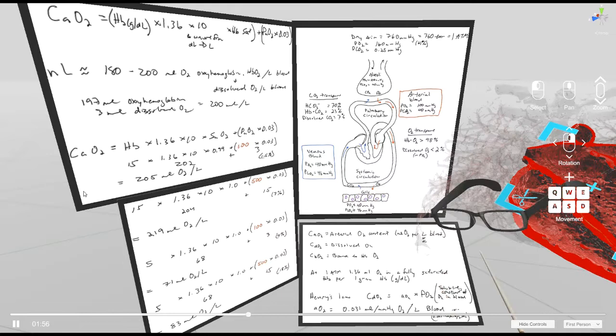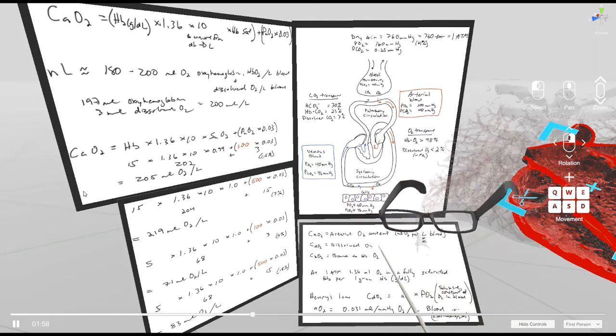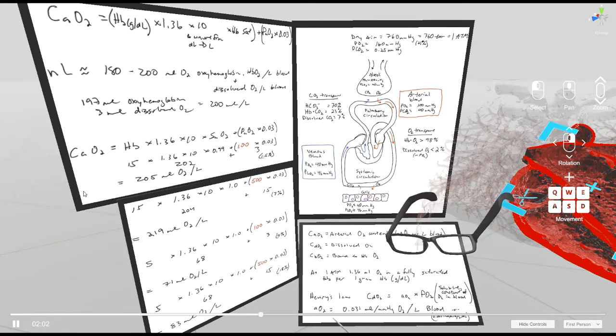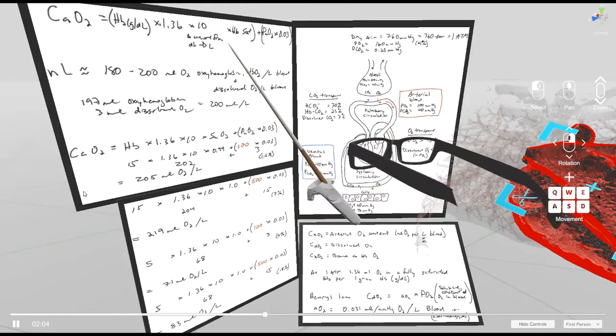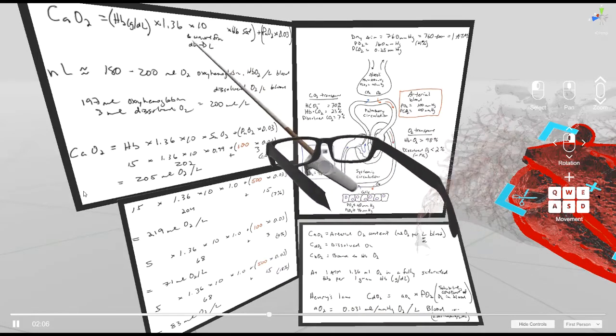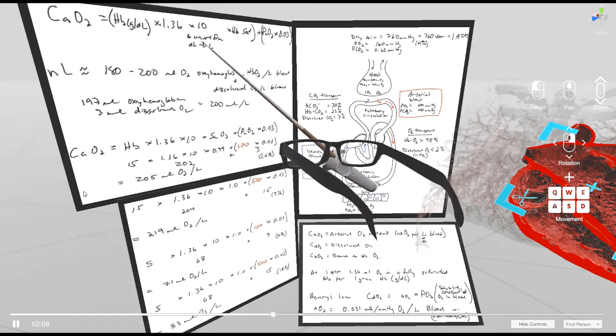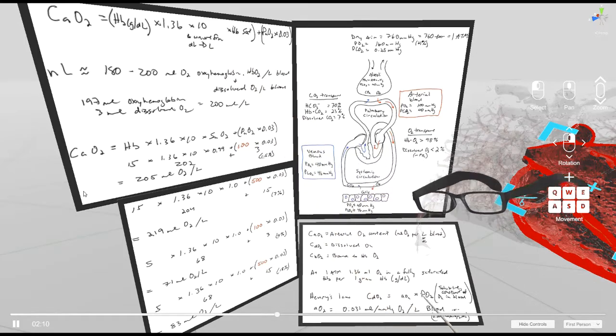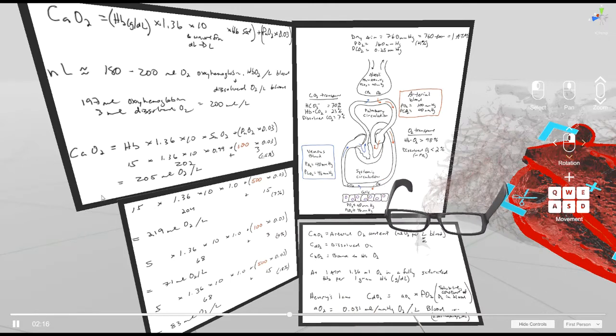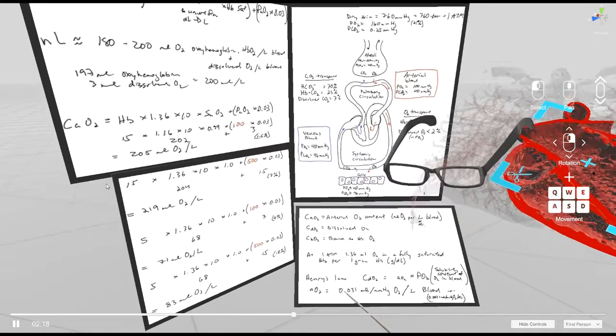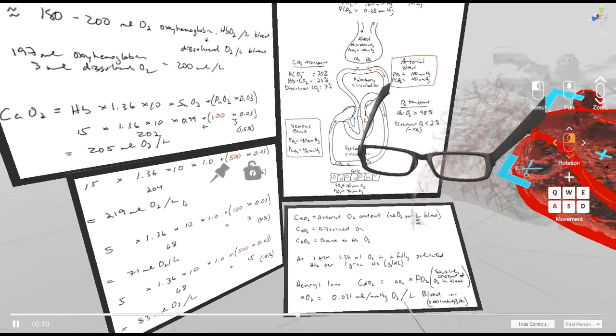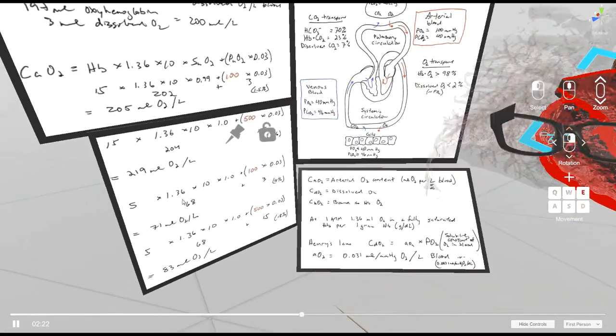In order to understand how that all relates, I'm going to describe this once, and if you ever get confused, we'll just come back to here. Essentially, in the equation, we have this 10 factor here to convert from deciliters to liters. And you'll also know when I'm talking about the dissolved content, I'm using 0.03 per liter instead of 0.003 per deciliter.